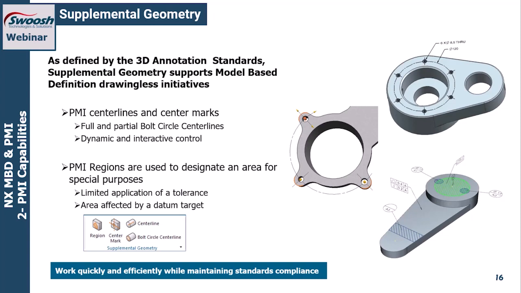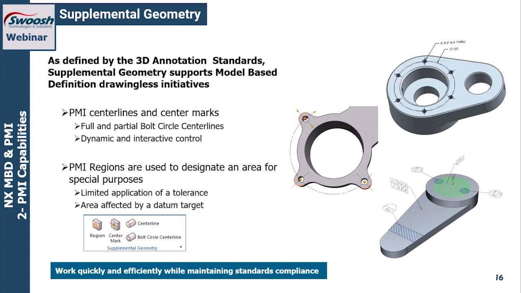Click on the handle and make an adjustment to the size of the center line at that location on the center line. Additionally, we can prescribe PMI regions, and we can designate an area for special purposes, such as limited application of a tolerance, area affected by a datum target, or maybe a specific area on your part that you want to show somebody, that in this specific area we don't want paint applied to this surface.